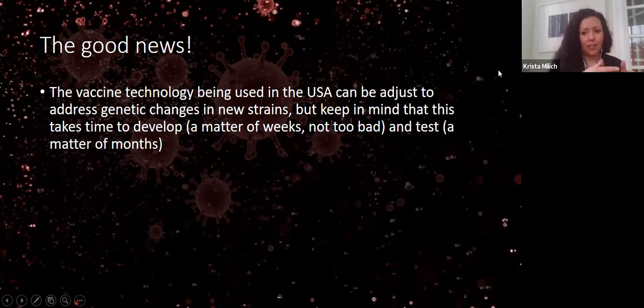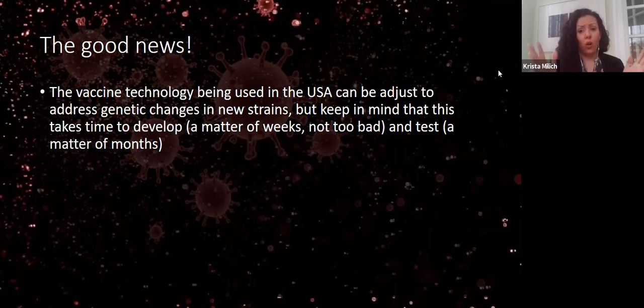However, even that takes time, right? I think that we should all be very impressed with how efficient and quick this vaccine development has been, and how quickly it will be able to be adjusted. But even that takes time. So, you know, the development maybe takes a matter of weeks. That really isn't too bad at all. The testing that will be required, we already know that can take a matter of months.